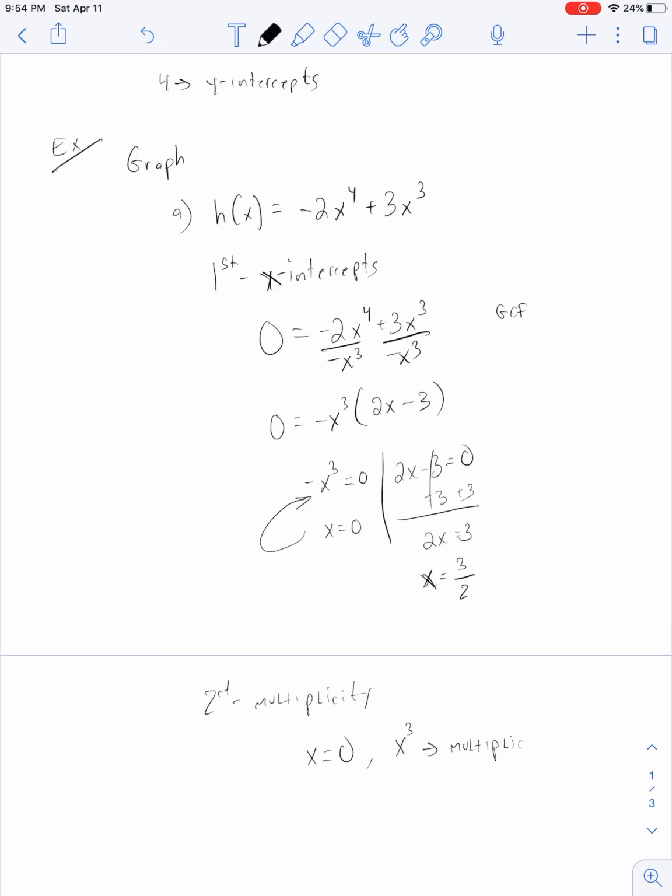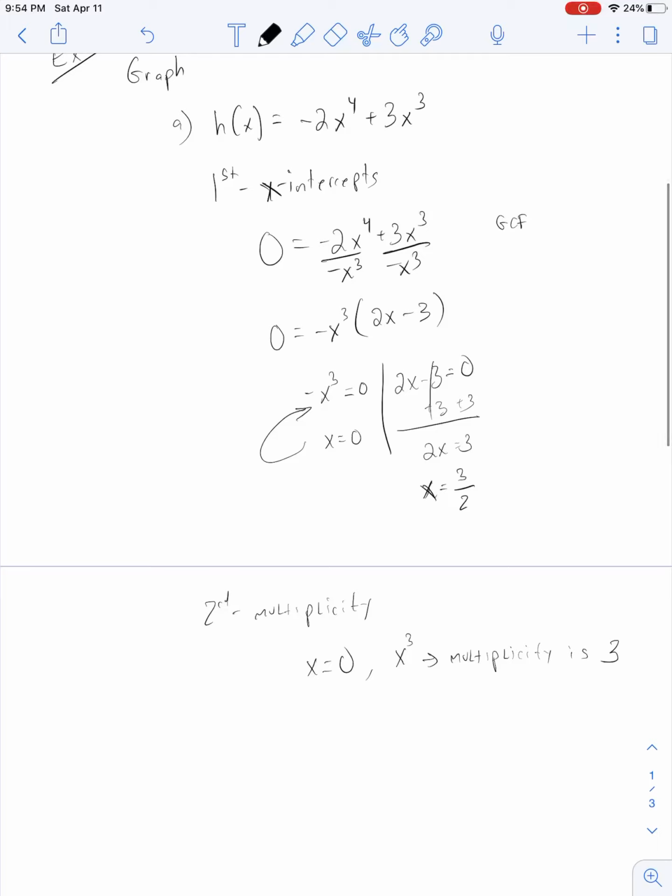This multiplicity is 3, and when the multiplicity is odd, it tells us it's going to go through the x-intercept.